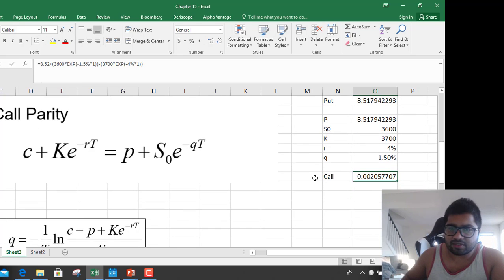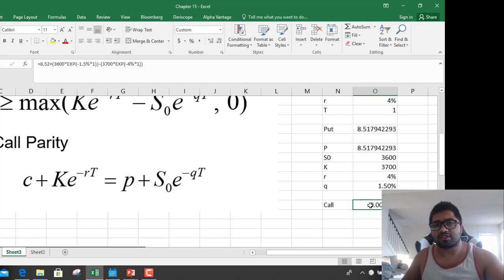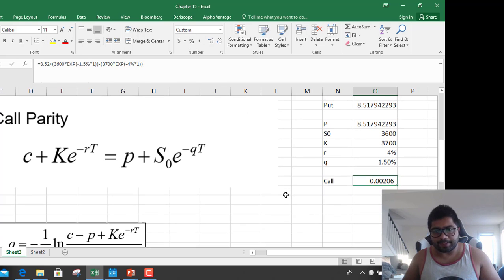Okay, so call price should be 0.021. Whatever call price you're getting, that's the price.